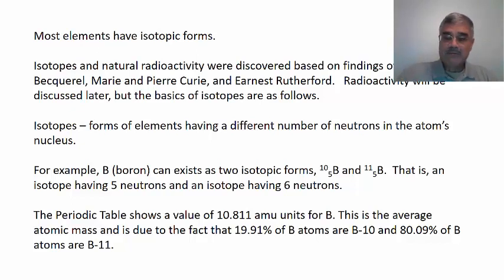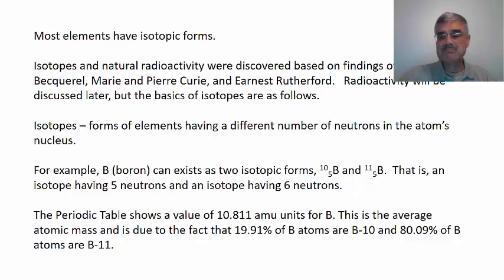In the periodic table, if you look at the periodic table for boron, you will find a value of 10.811 AM units by the symbol for boron. Now, this 10.811, as you probably imagine now, is an average atomic mass.